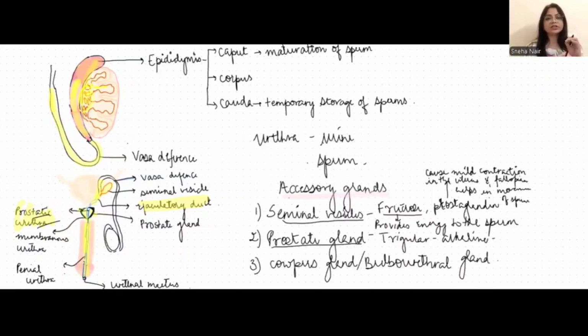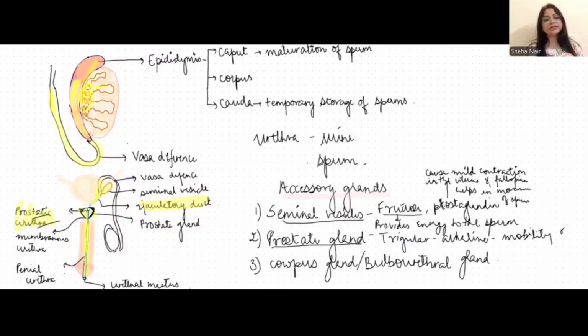See, alkaline secretion neutralizes the acidity, the acidic nature inside the uterus. So it neutralizes that. Also, the prostate gland helps in mobility of sperm.